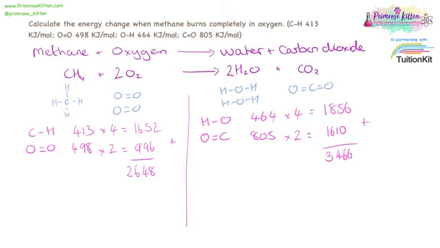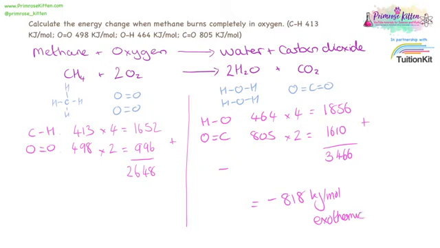We can then take the total energy for the reactants and minus the total energy for the products, which is going to give us minus 818 kilojoules per mole as the energy that is released. Now we can see here this has a negative value. You know, negative things are exothermic.